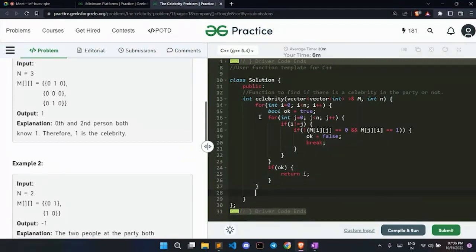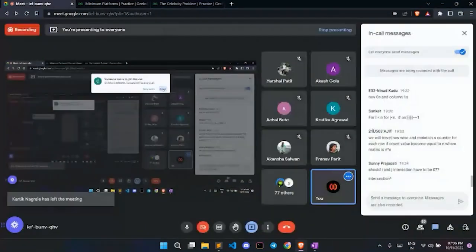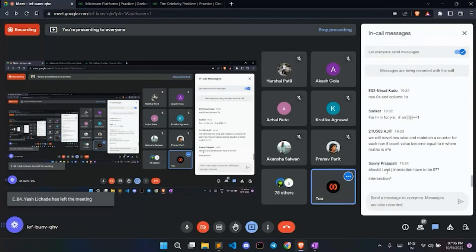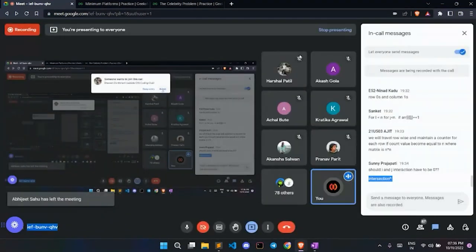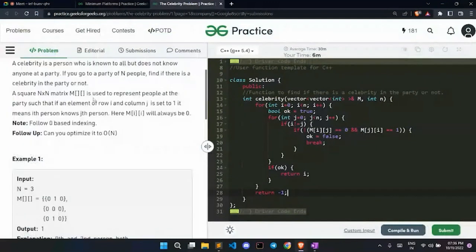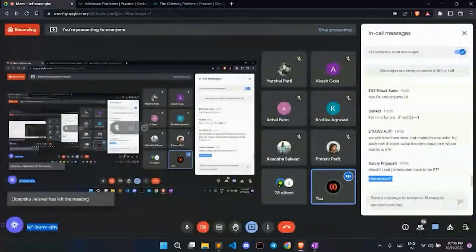And after checking for all the people, if we get that not a single person was a celebrity, we will return -1. Okay. It can be anything, but they have mentioned that they will give it as 0.